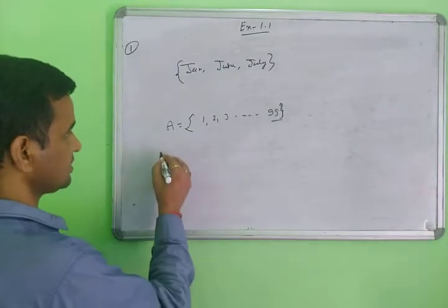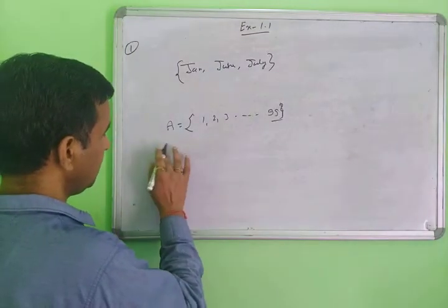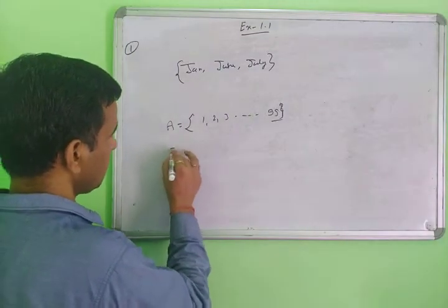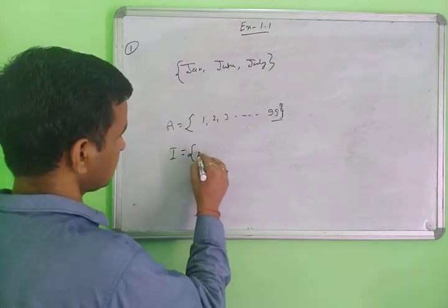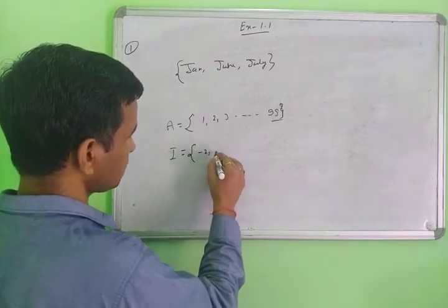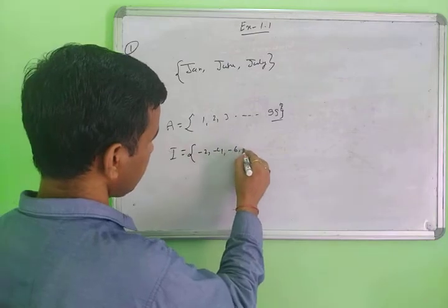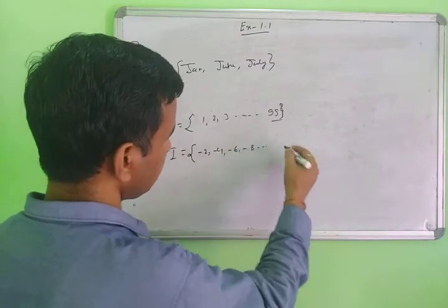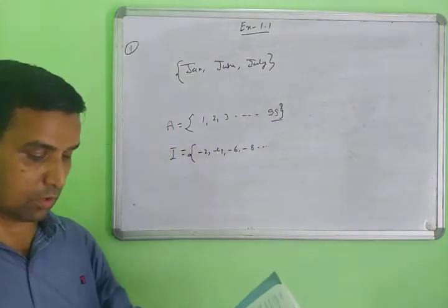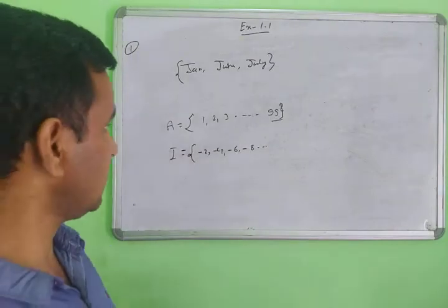All even integers. Then you can write here integers, even integers. So -2, -4, -6, -8, and so on, and then the positive ones also. All even integers.